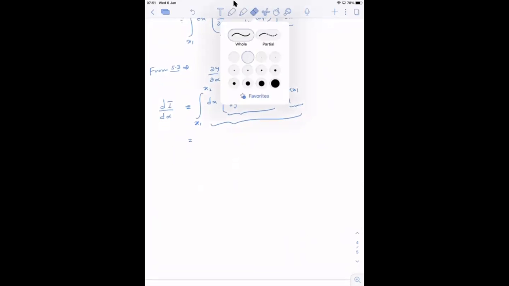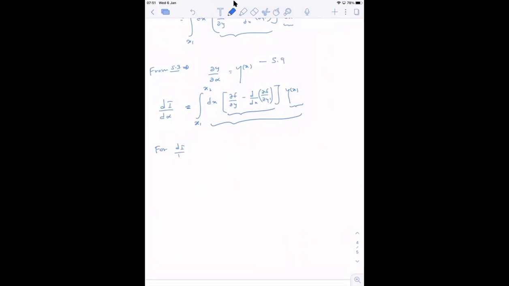So you can get this. Let me write it here for dI over dα to become 0.